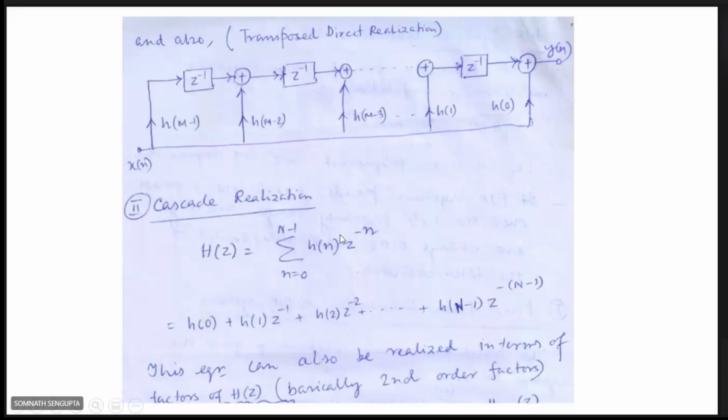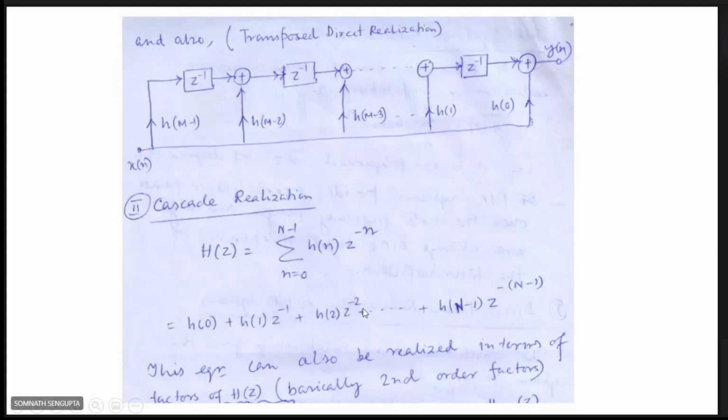So h[n] is your time domain series, multiplied with z to the power minus n, where n goes from 0 to N-1. If you write it in series form, it is h0 plus h1 z inverse plus h2 z to the power minus 2 plus h[N-1] z to the power minus (N-1).